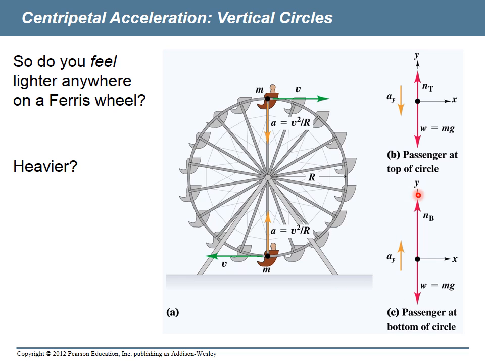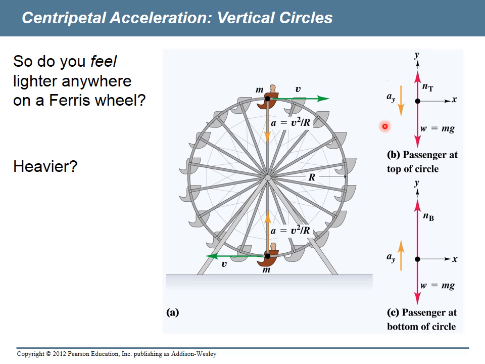The difference is basically that I'm subtracting gravity here, or adding gravity there. At the bottom, the normal force needs to be the centripetal force plus gravity, and at the top, the normal force needs to be my acceleration minus gravity, okay?